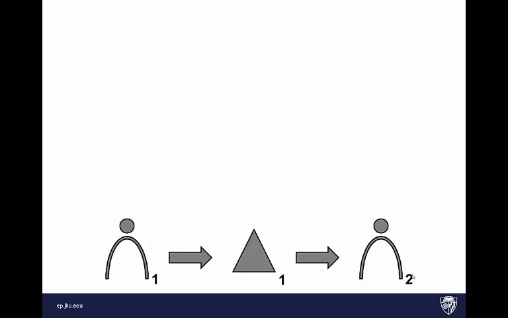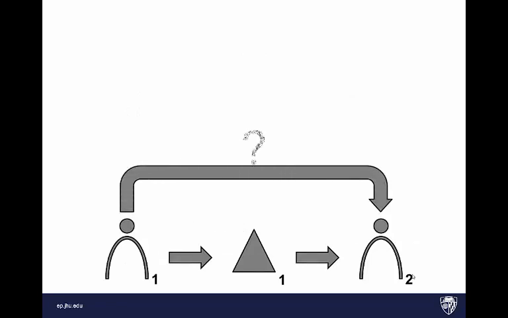So, what happens if I want to connect agent 1 to agent 2, where I want to say perhaps the owner of a resource knows who's using the resource? It's not always true, but it could be.